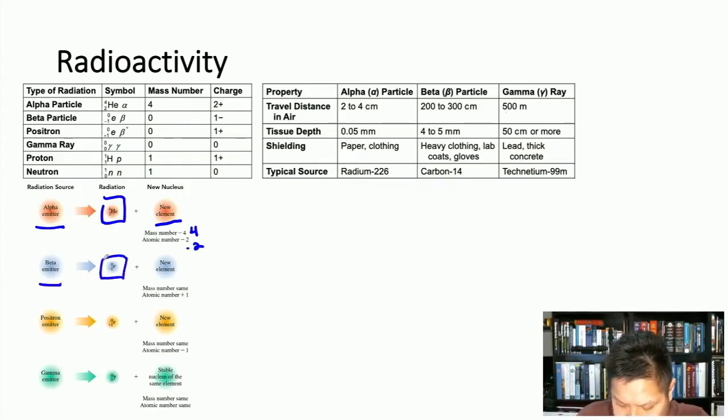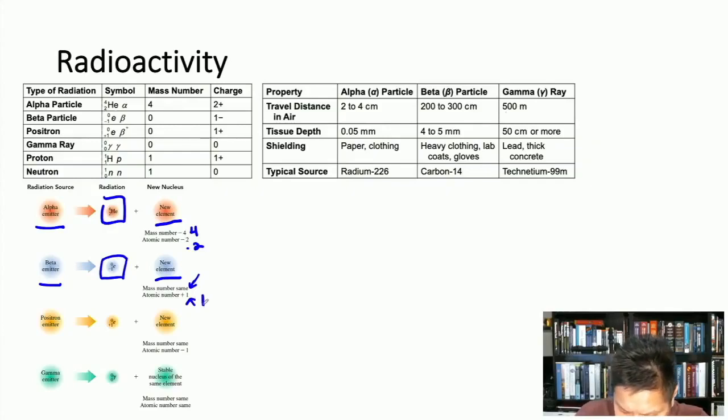When it emits that high energy electron, it becomes a new element. Its atomic mass stays the same because it's basically the weight of an electron. But its atomic number goes up by 1.